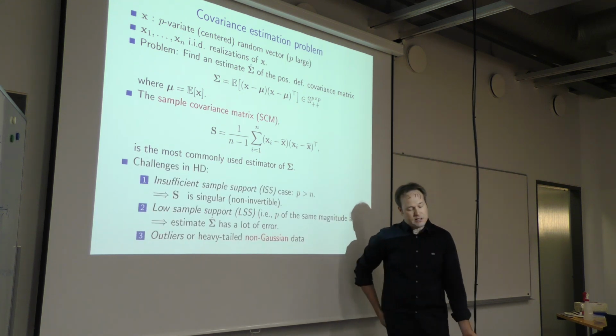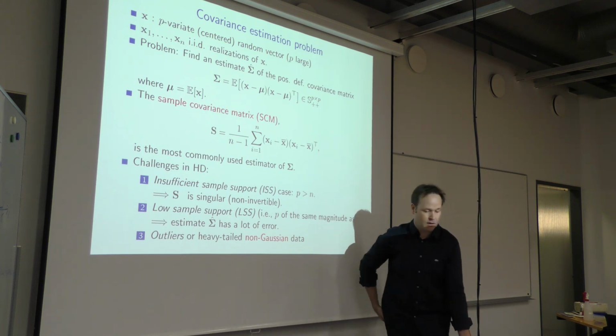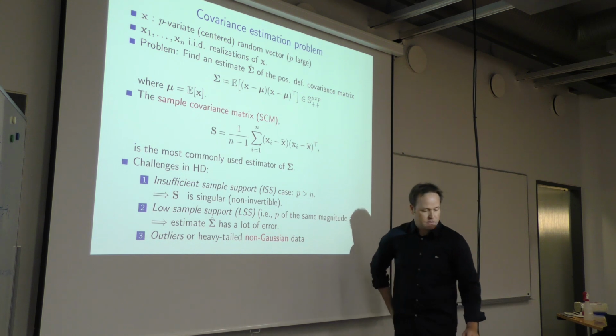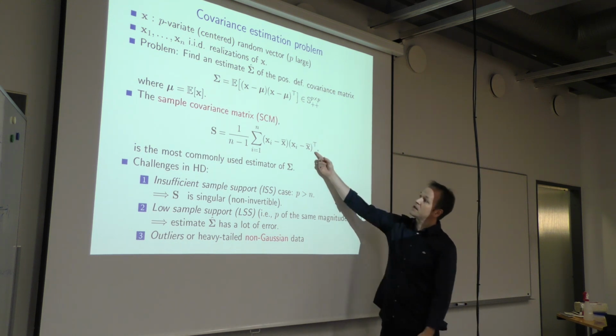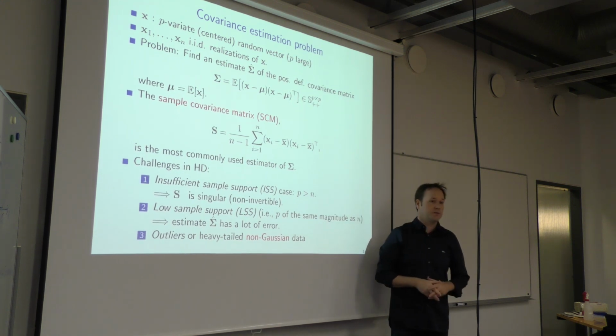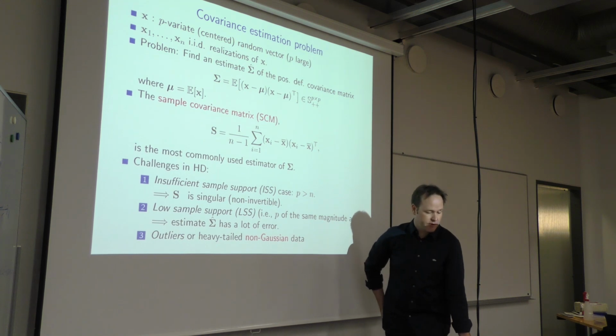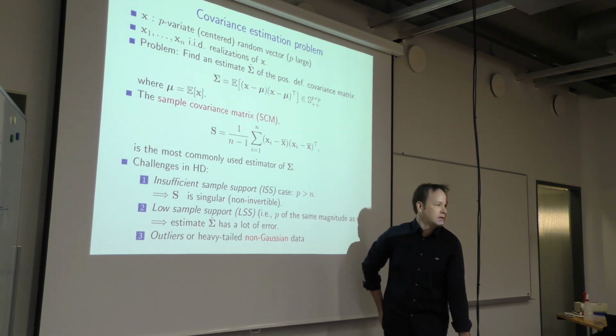But in this talk, I'm going to concentrate on the case that the sample size is small compared to the dimension, which is very large. In that case, of course, the problem is that our estimator S here is not going to be invertible, so it's not going to be positive definite. So obviously, it's not a very proper estimator in this case.